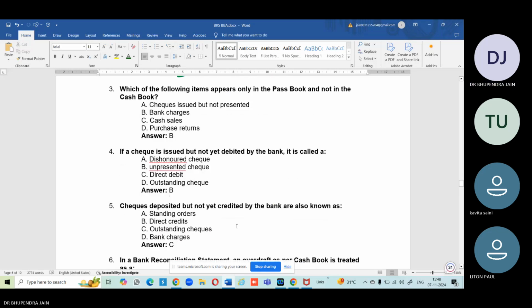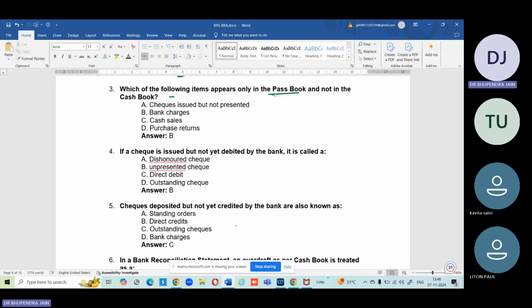Next question. Which of the following items appear only in the passbook and not in the cash book? Generally, bank charges charged by the bank, this automatically appear in the passbook, not in the cash book.